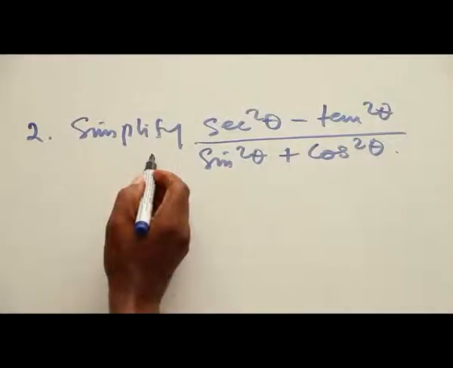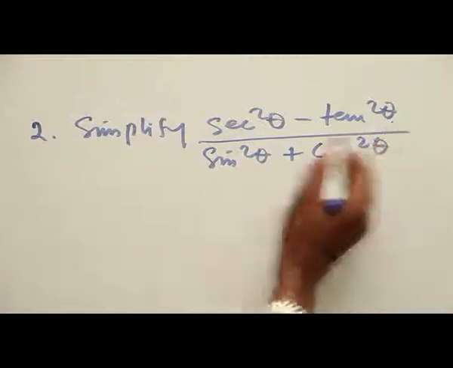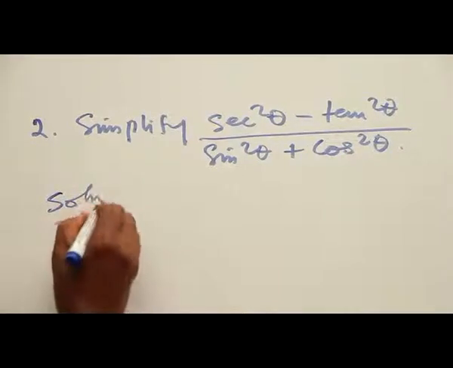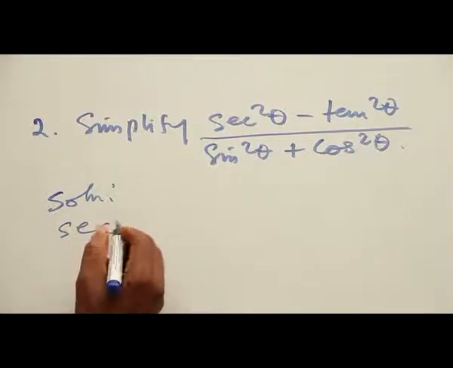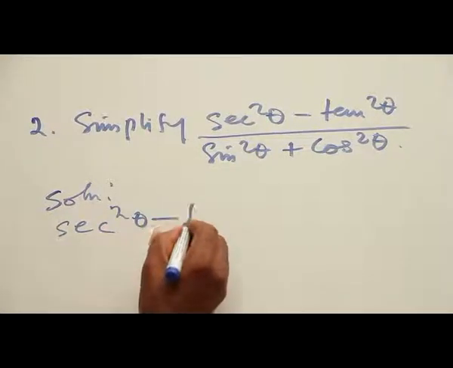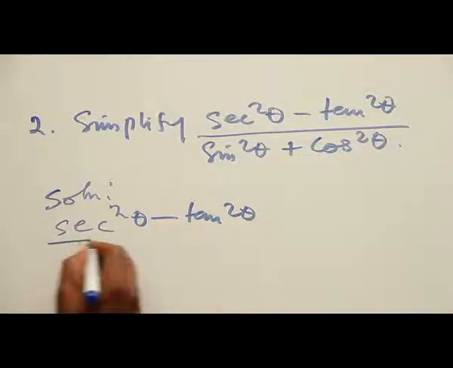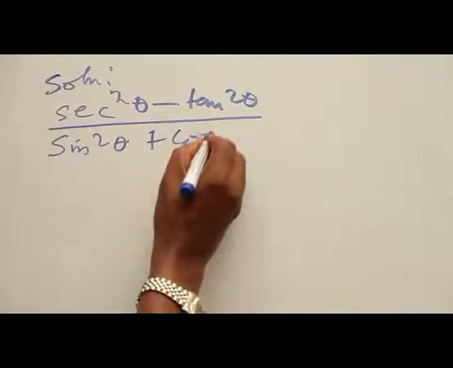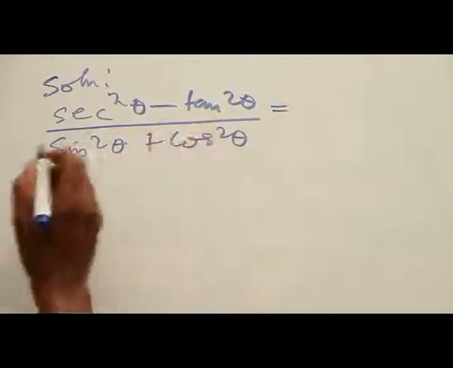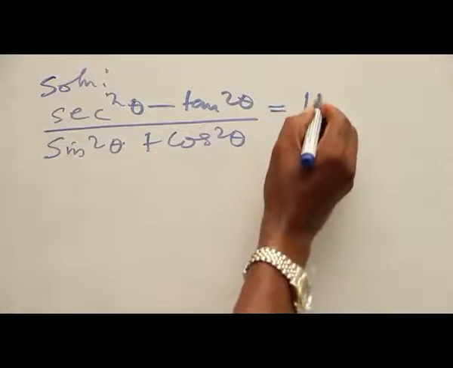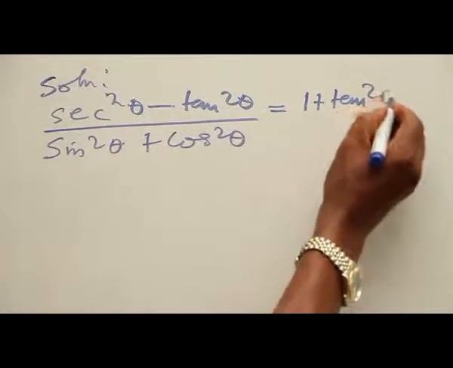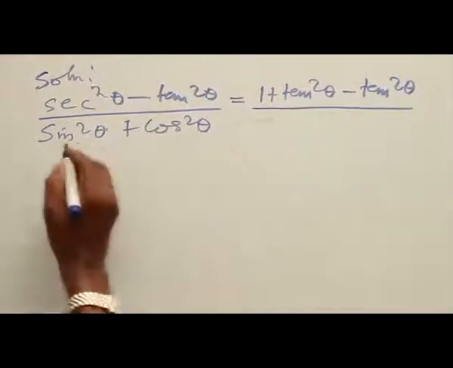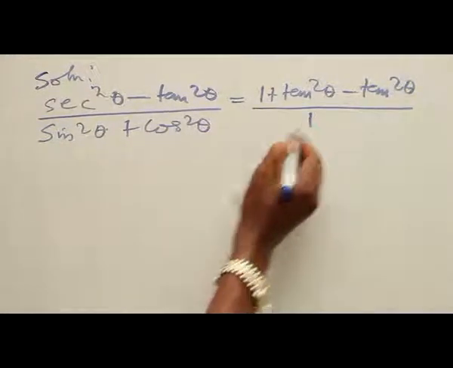Number 2, simplify sec square theta minus tan square theta all over sin square theta plus cos square theta. Your solution. We have that your sec square theta minus tan square theta all over your sin square theta plus cos square theta will be equal to your sec square theta is written as 1 plus tan square theta then minus tan square theta all over your sin square theta plus cos square theta is 1.